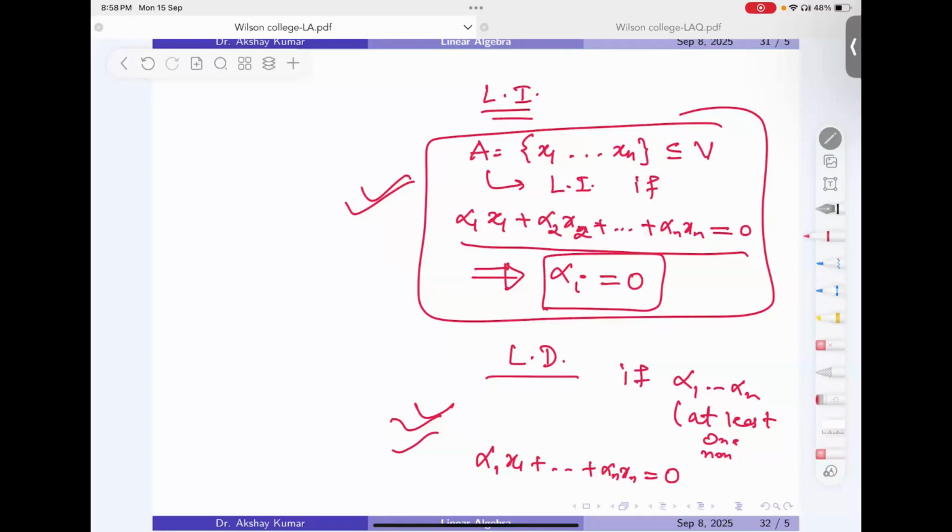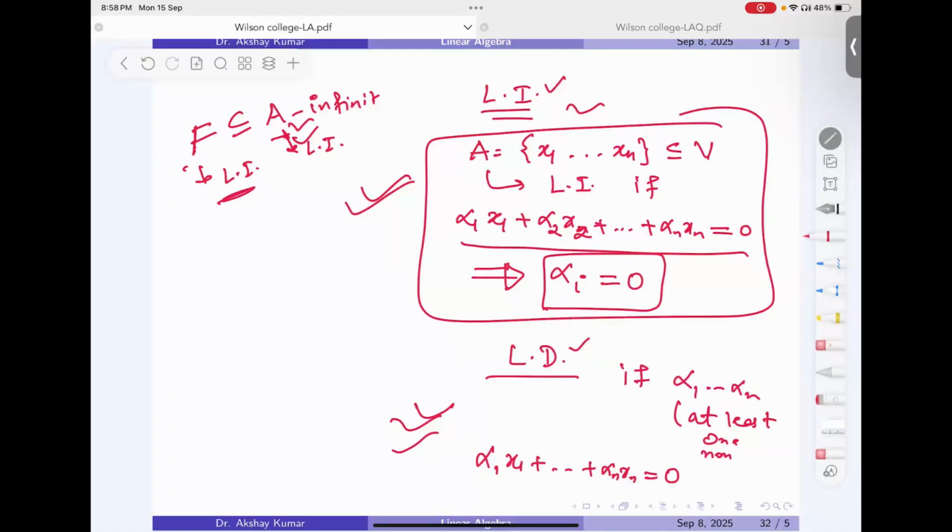Actually, this concept is only for a finite set, right? So if you have an infinite set, we say A is linearly independent if every finite subset of A is linearly independent. Then it is called linearly independent. This is only for finite subsets. If you want to go for an infinite set, then you take every finite subset of that set.